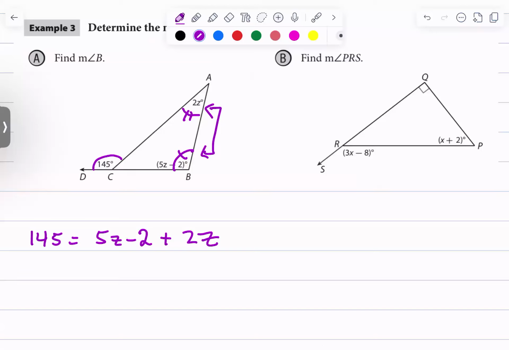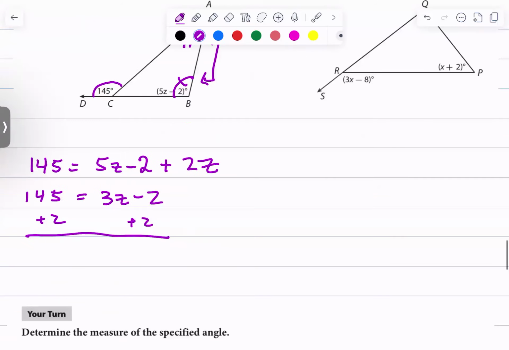So we have 3z minus 2 equals 145. Add 2 to both sides. We have 147 equals 3z. Divided by 3, divided by 3.